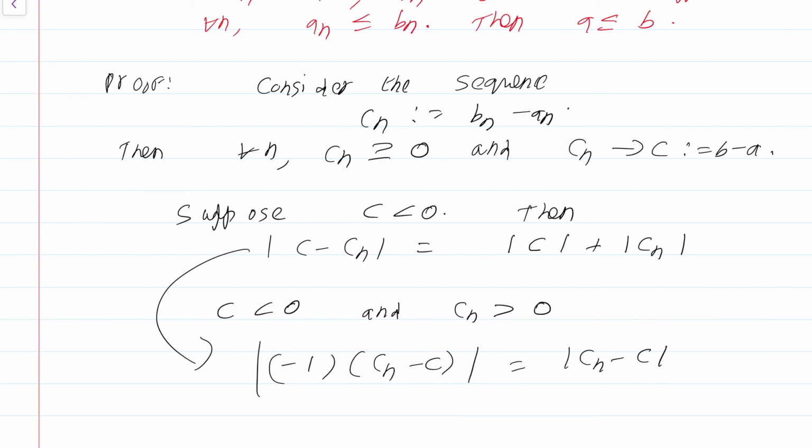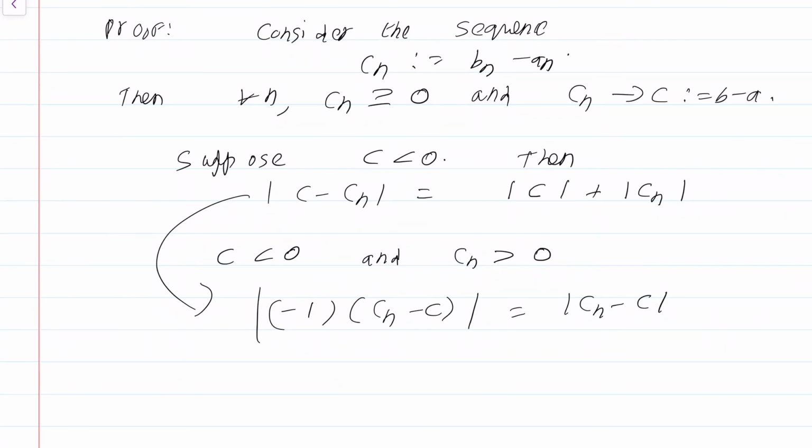Now Cn is a positive quantity and minus C is also a positive quantity, so the modulus of this is just mod C plus mod Cn, just from the definition of modulus or absolute value.